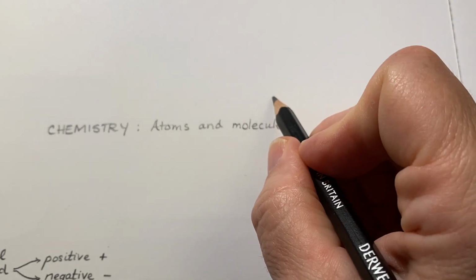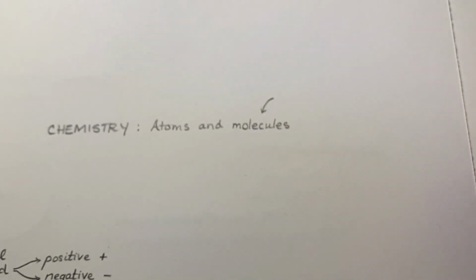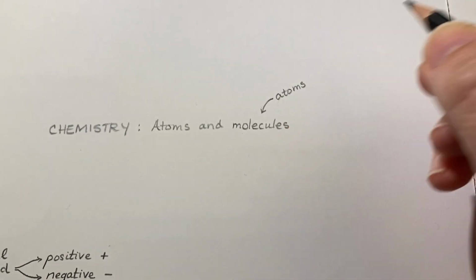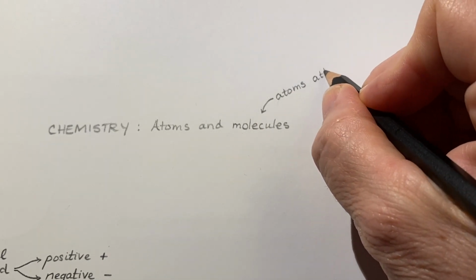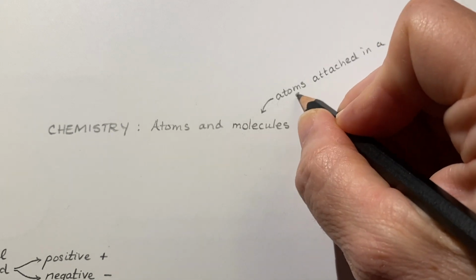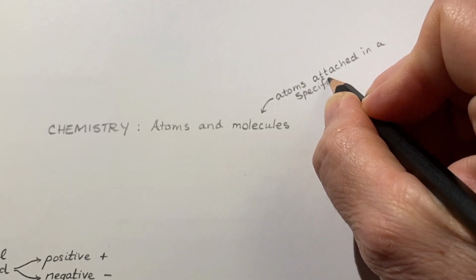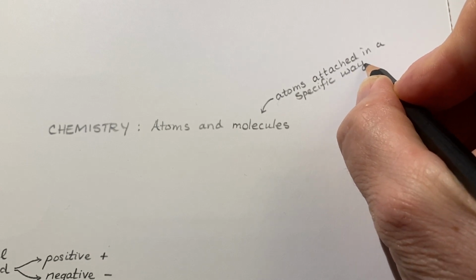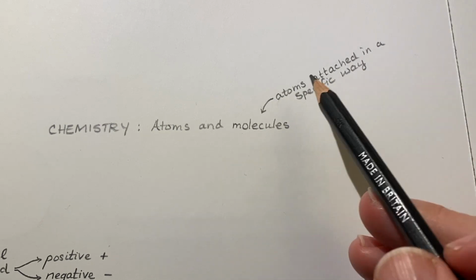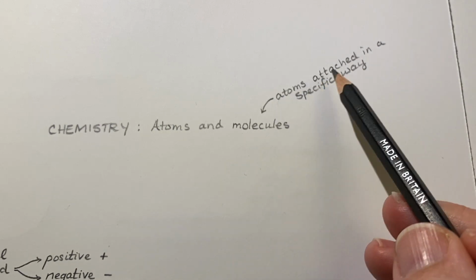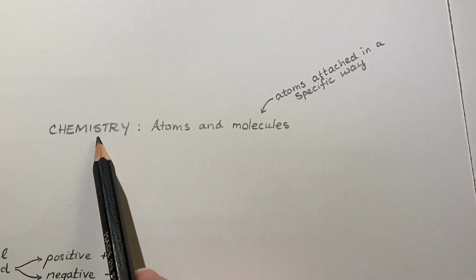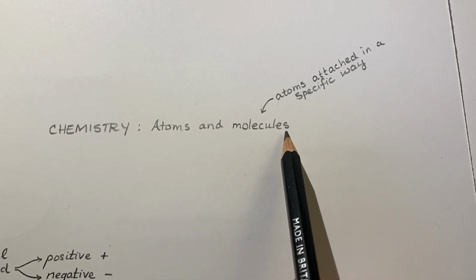So let me just define that. Molecules are atoms that are attached together. Each different molecule is a different combination of atoms that are attached together a specific way. So in chemistry, we're looking at atoms and molecules.